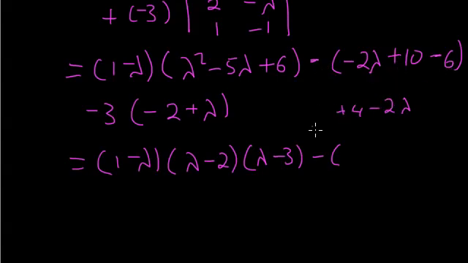So when I multiply this by negative 1, I get plus 2 lambda minus 4.